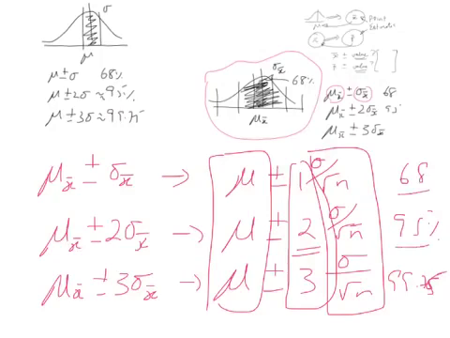Now I want you to keep this concept front and center: 68%, 95% if the sampling distribution of the sample mean is approximately normal. But whenever we take a random sample, we get a sample statistic that has a sampling error to it. Very rarely will we be able to predict mu exactly.